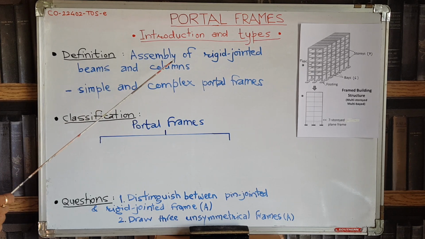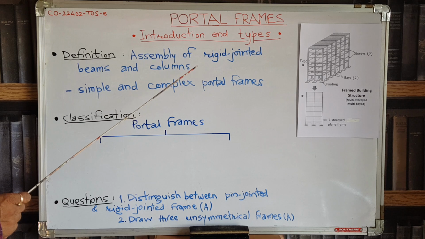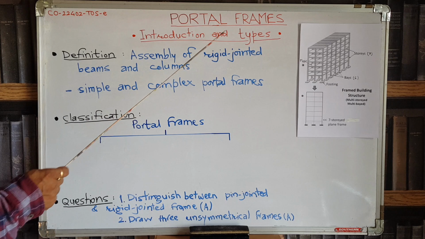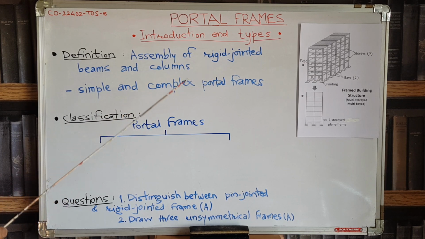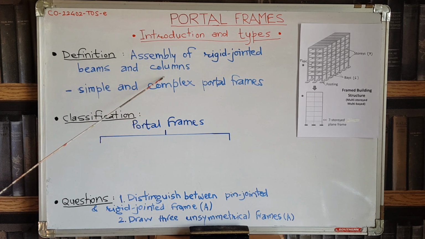This is in contrast with a pin joint where the rotation of the members is allowed, and in that case there is no question of bending developed in the members. The members are subjected to axial tension and compression, and these pin joints are used in pin jointed frames, usually the truss frames. This portal frame is a rigid jointed frame, so it is totally different than a pin jointed frame of a truss. So the definition of portal frame is it is an assembly of rigid jointed beams and columns.